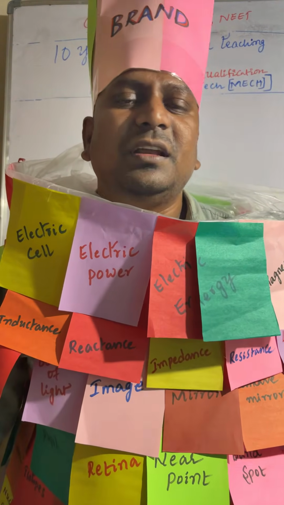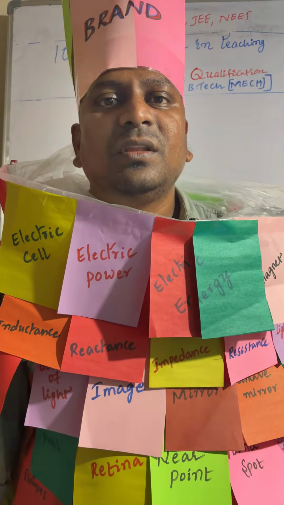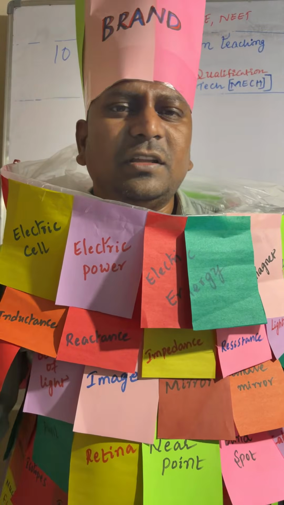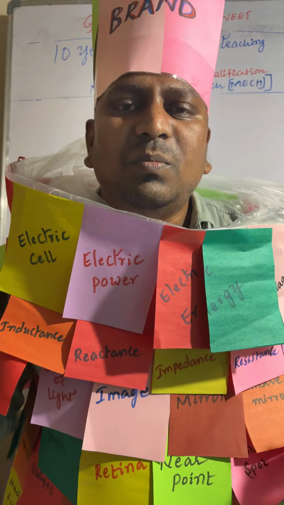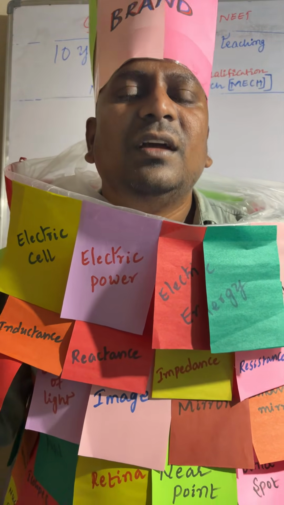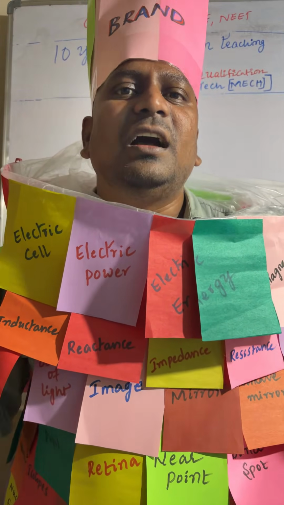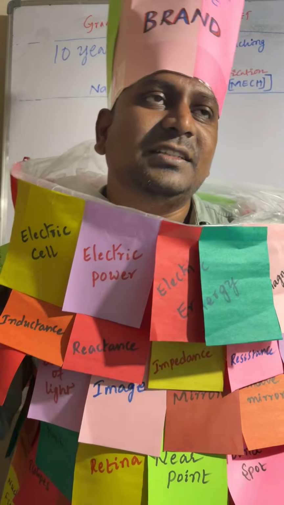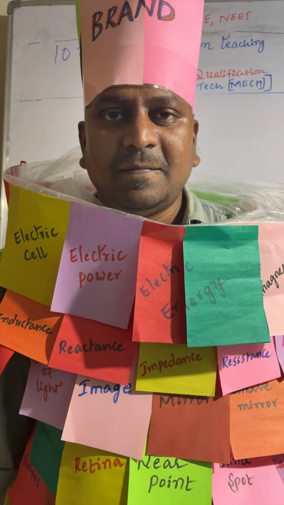Without an external force acting on it, the body does not move from its position, from its state. That is called inertia. There are three types of inertia.